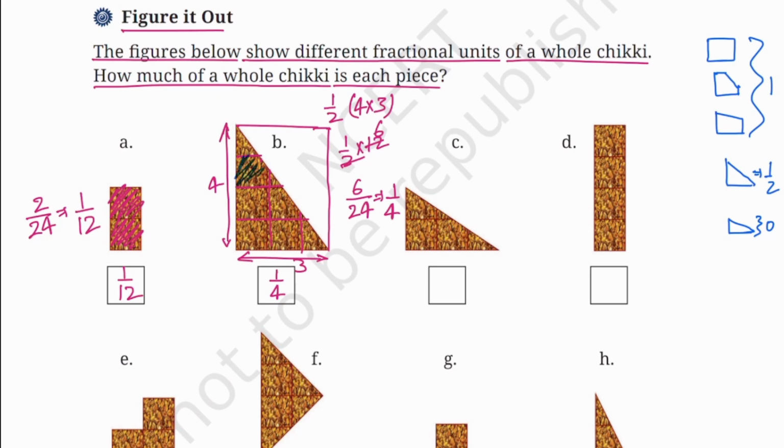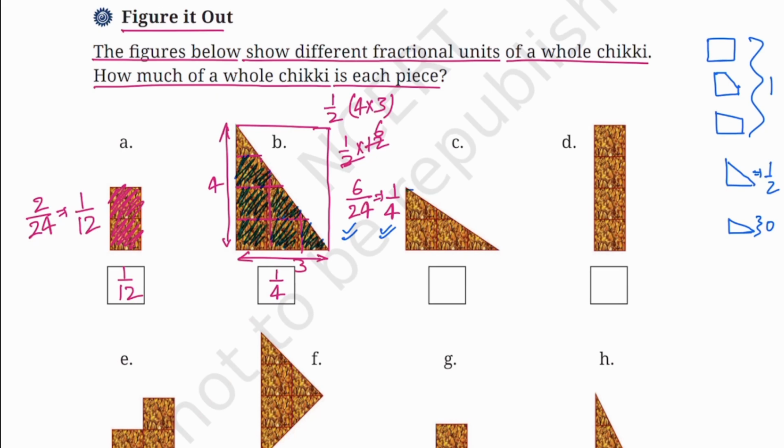So this piece of chickpea has 1, 2, 3, 4, 5, and this one more than half, 6. 6 pieces out of 24. So you can say 6 out of 24 or 1 upon 4.